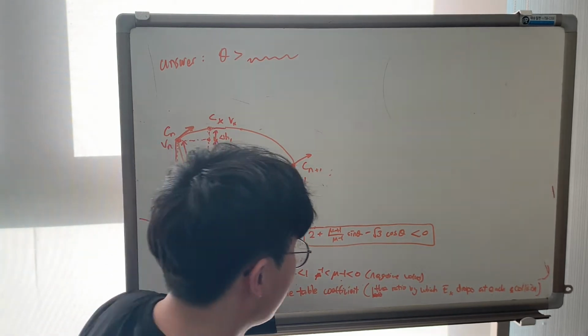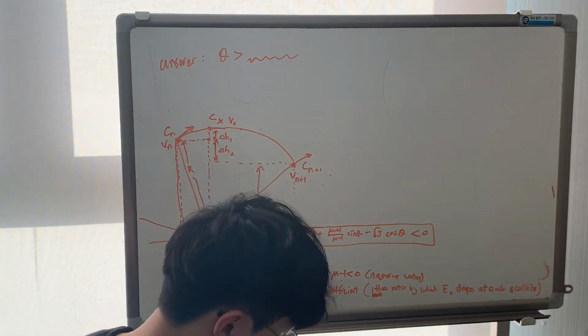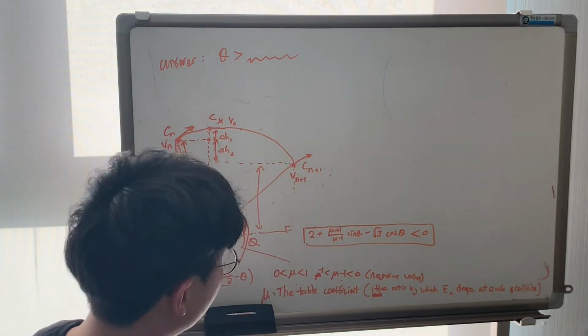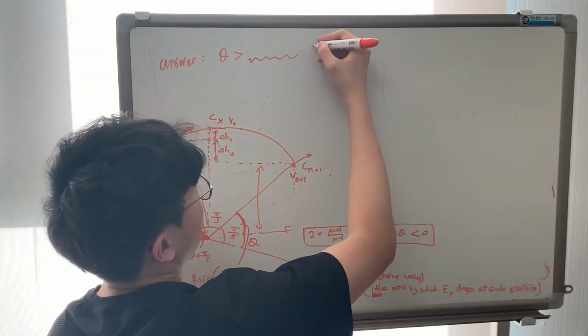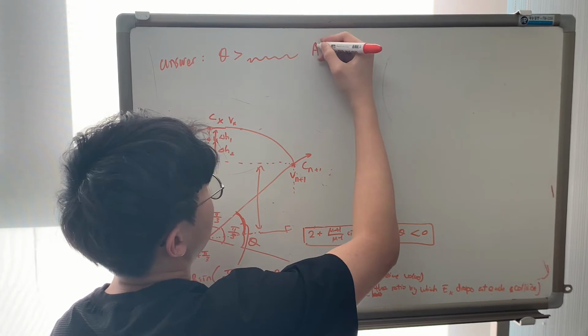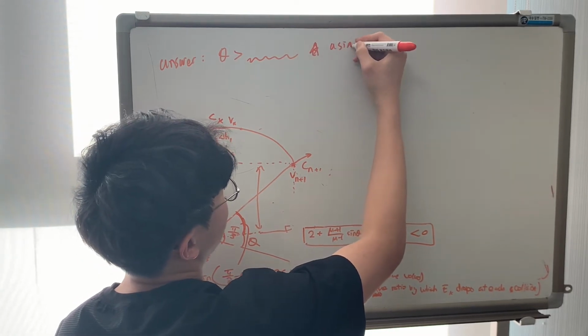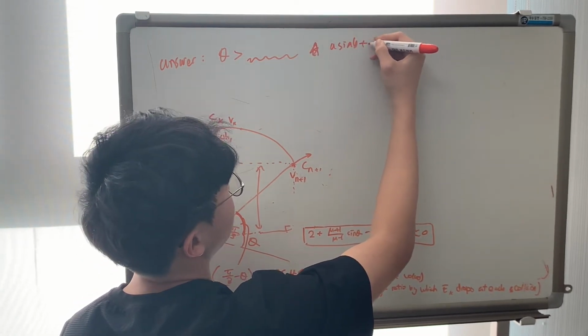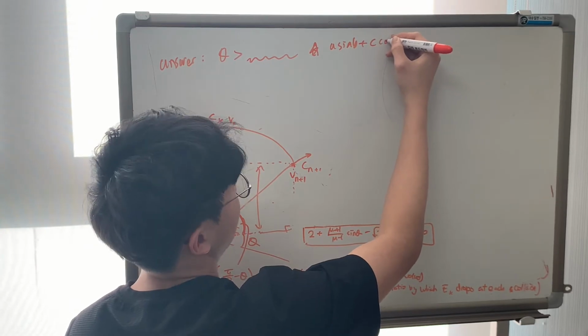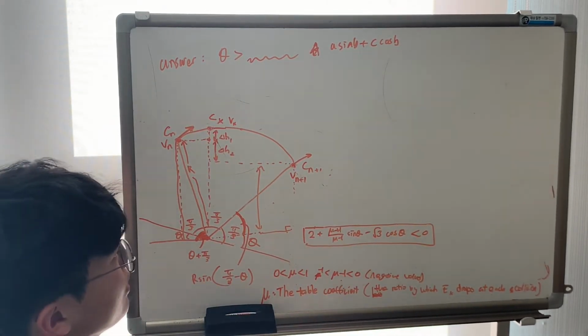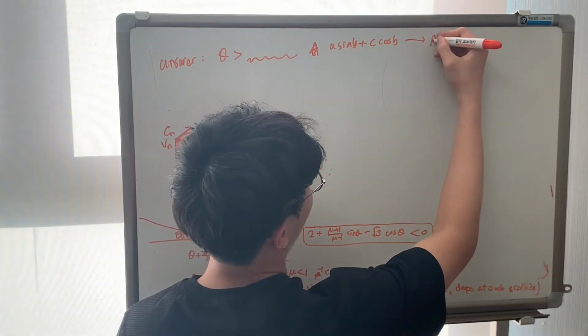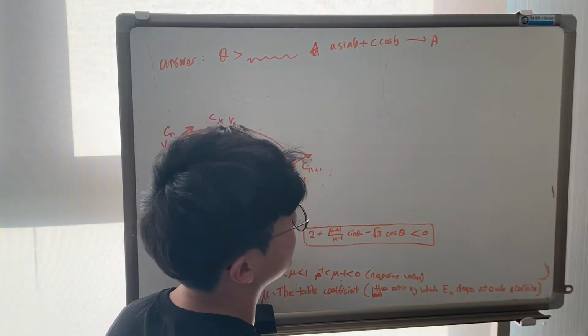Now, how will we do that? We know that if we have something like a sine b plus c cosine of b, we could write that in terms of one sine or cosine. I'm just going to say sine, it really doesn't matter.